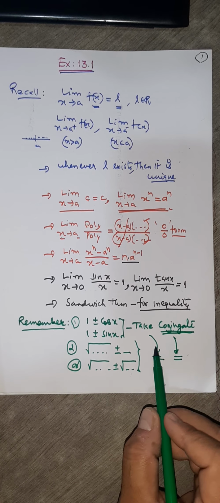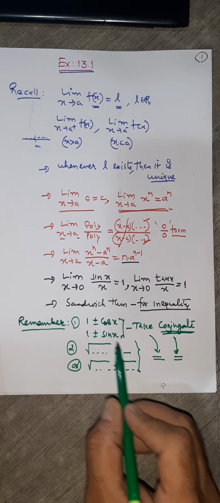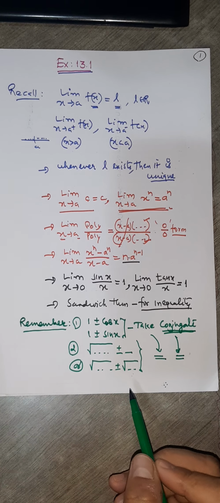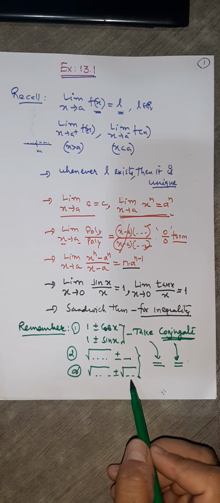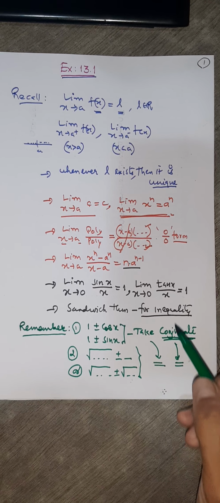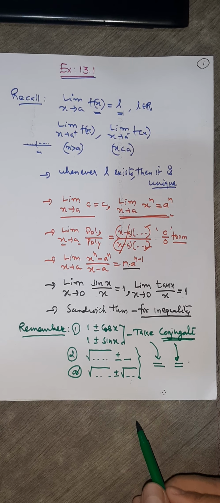What's a conjugate? Multiply and divide the given question with the same expression with opposite sign. Now we already studied complex numbers, so you know conjugate: the same expression with opposite sign. So this much we'll use in the next exercise. These are the concepts, remember, which we'll use.